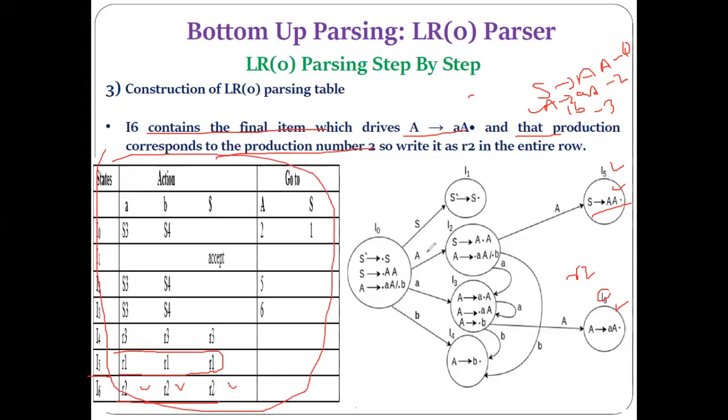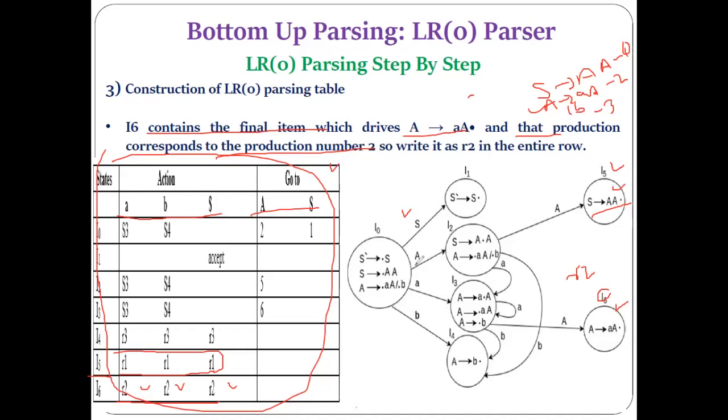Three or four important things you have to keep in mind. First, in the goto part you have to mention the non-terminals. In the action part you have to mention the terminals. In the states you have to mention the state numbers. Whenever there is a move from one state to another on a non-terminal, you make its entry under the non-terminal in the goto column.